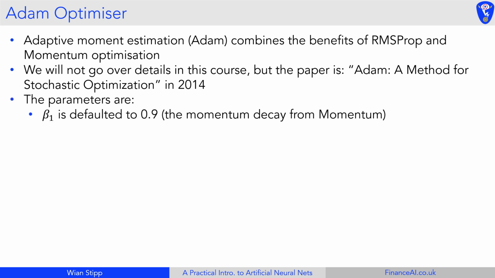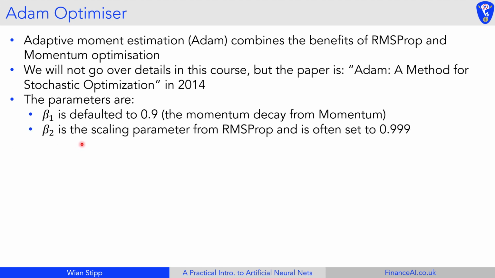The parameters are beta 1, which defaults to 0.9. As I've said, Adam takes the benefits from RMSprop and momentum. So beta 1, 0.9, is the momentum decay from the momentum-based optimization. And beta 2 is the scaling parameter from RMSprop, and you usually set this to 0.999.